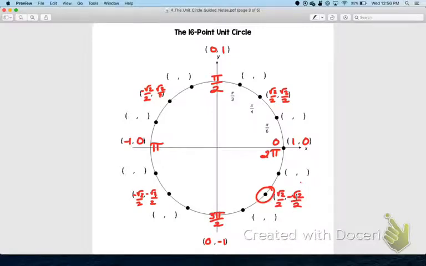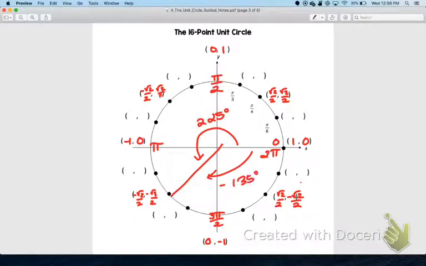Okay, so once you can remember your root 2 over 2 for your 45, that's going to get you the same thing for this angle, which would be 90 plus 45, so 135 degrees. Oops, that's terrible handwriting. And then it would be the same here, so 180 plus 45 is 225 degrees, or negative 135 degrees.